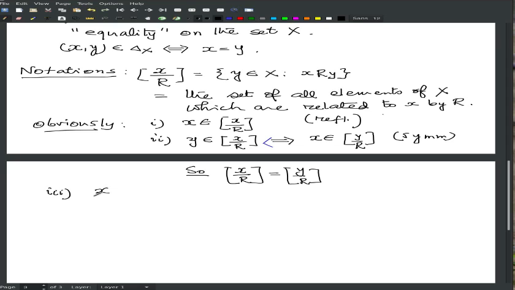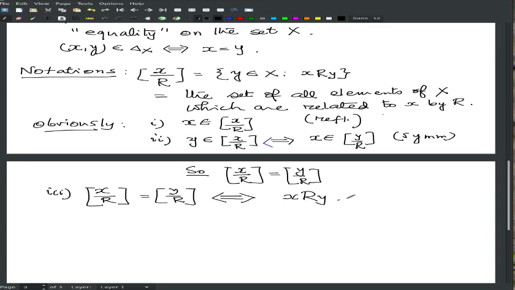We speak of this set x by R as the equivalence class of x given by R, but I often like to speak of it as the element x by R. This is true if and only if x R y.